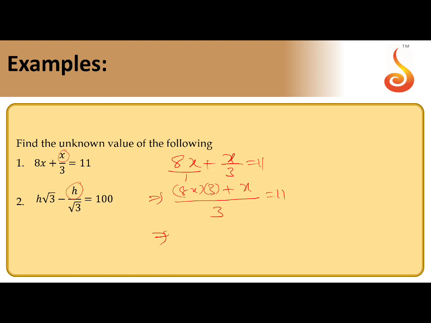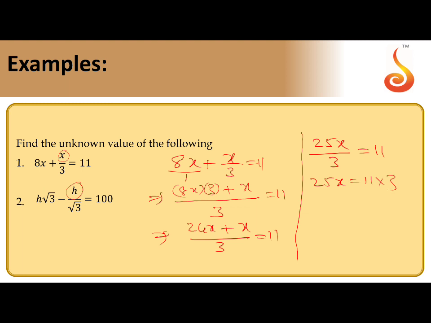So 8 into 3, 24x plus x by 3 equal to 11. So 24x plus x, 25x by 3 equal to 11. So 25x equal to 11 into 3. So 25x equal to 33. Then x equal to 33 by 25. So this is the solution for the first equation.